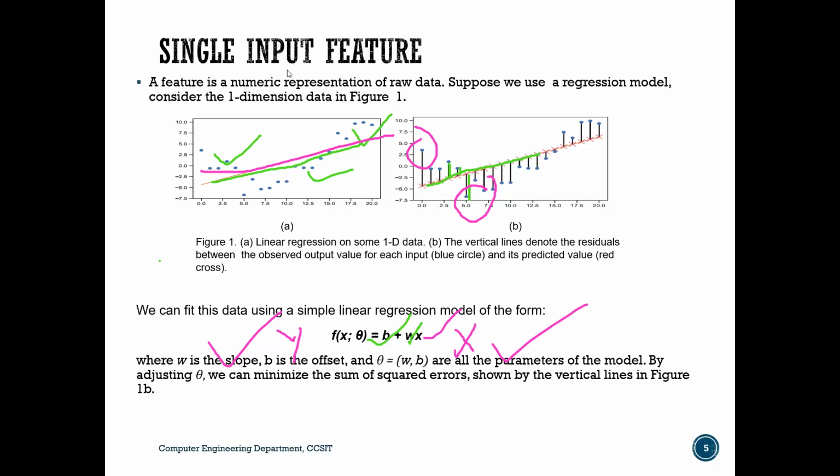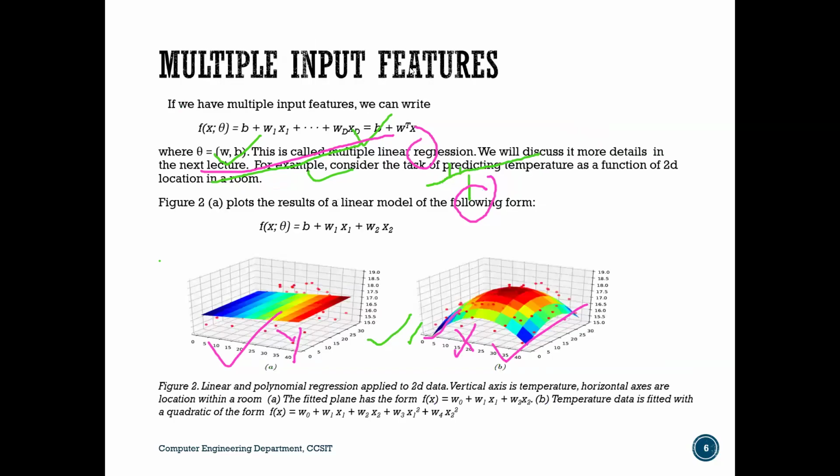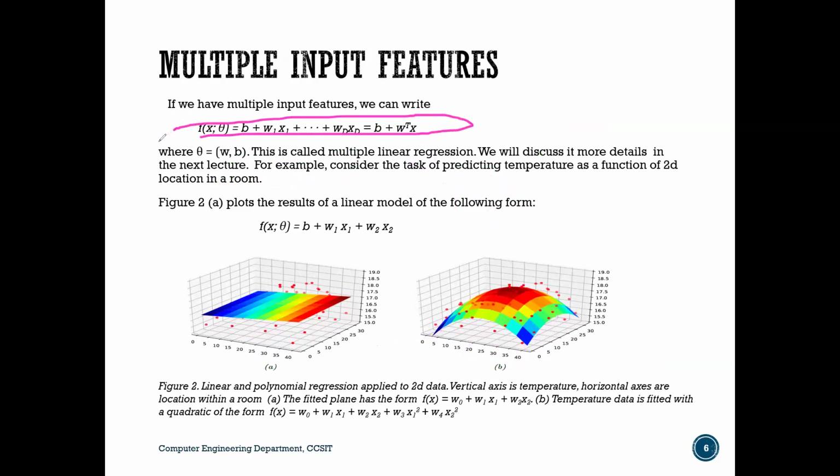Next, multiple input features. Suppose we don't have a single feature, we have multiple features, then how will your result be? If we have multiple features, then we will use this equation. And sometimes we don't have linear, we have polynomial, meaning we have a graph like this.